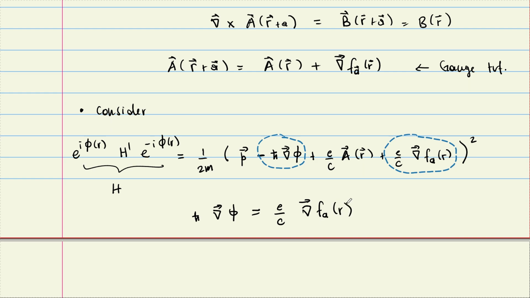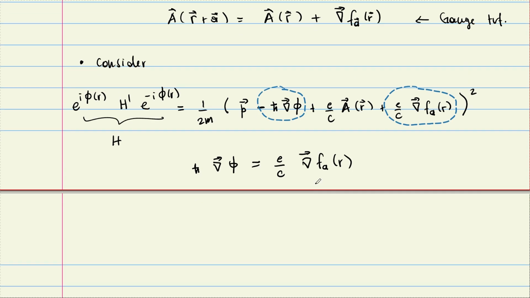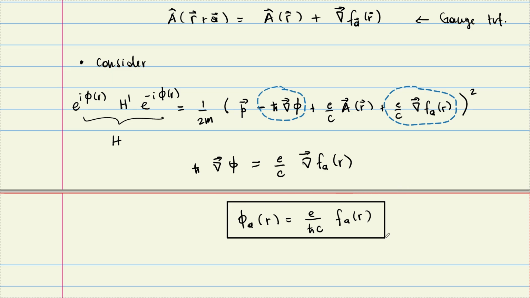Let me write then, so we can integrate both sides and write phi. I'll also add this label a, phi of r is going to be equal to e over h bar c f a of r. E over h bar, okay, this is correct. Let me box it in, I'll use this later.